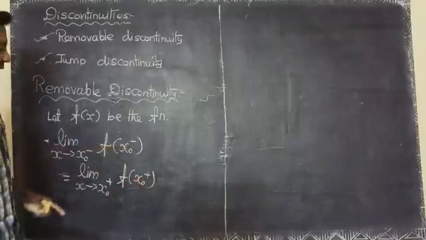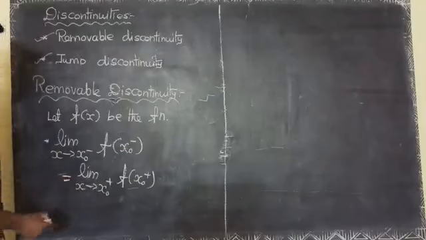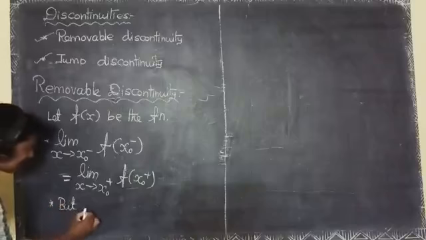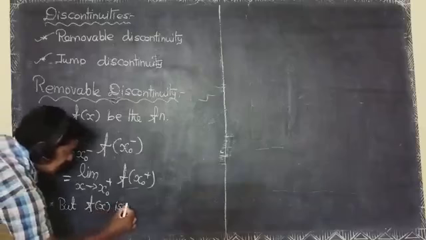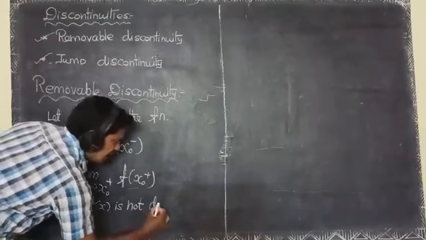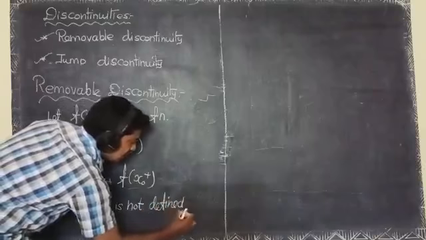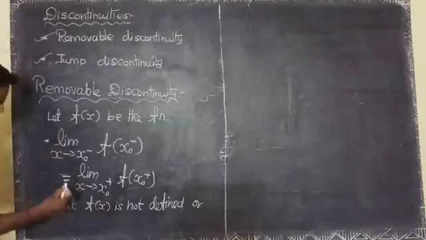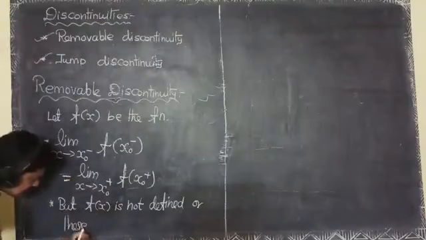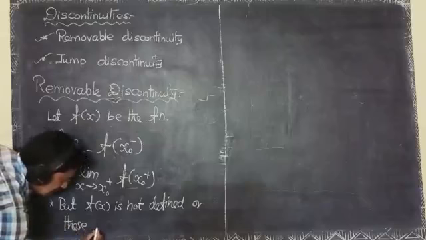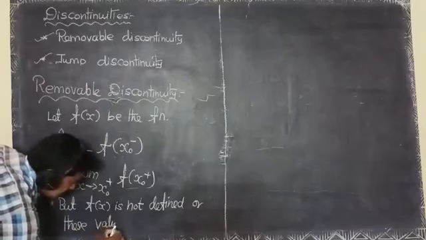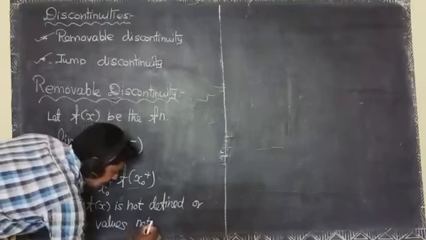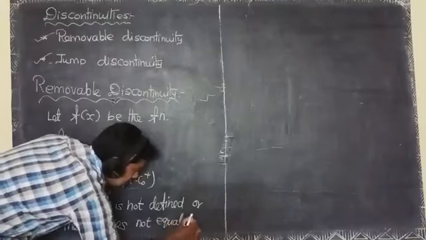The left end and right end are equal, but f of x is not defined, or these limits have a different value, these values are not equal to both ends.